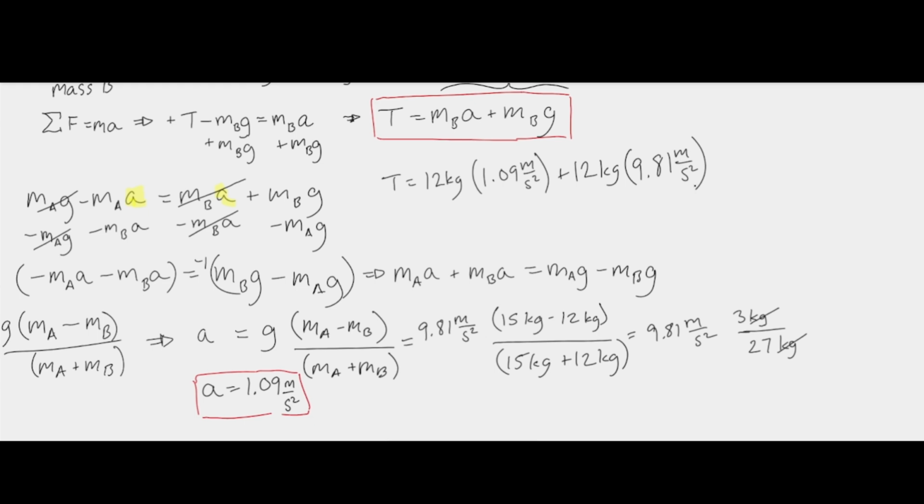And the value it gives me is, this is going to be in newtons because it's kilograms meters per second squared. So the tension in the string is equal to 130.8 newtons. And that is the tension in the string.